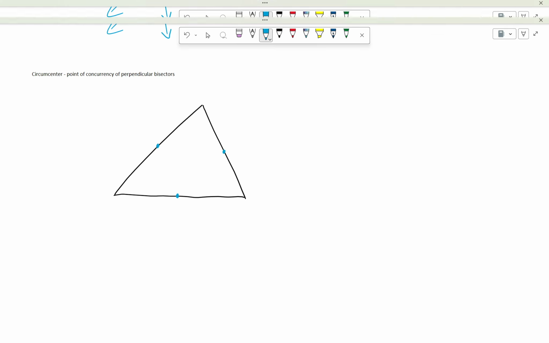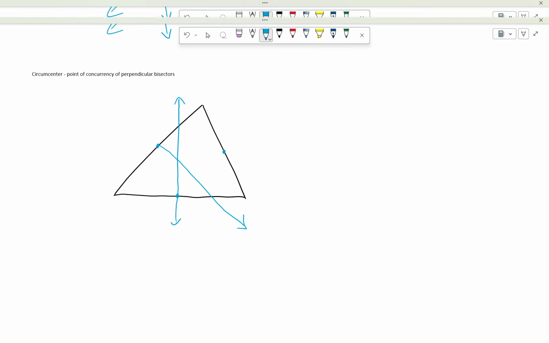And then when I do that, I'm going to draw a line perpendicular to each side, right? So it's going to go through here, through this bottom side. It doesn't go through a vertex, it just goes through the opposite side, through here.